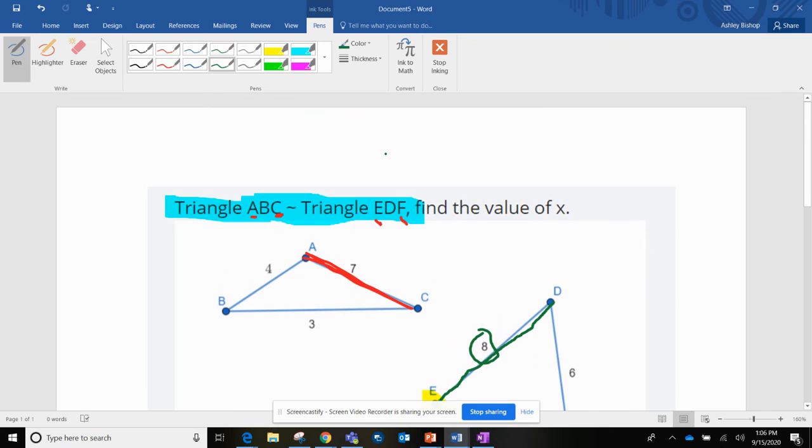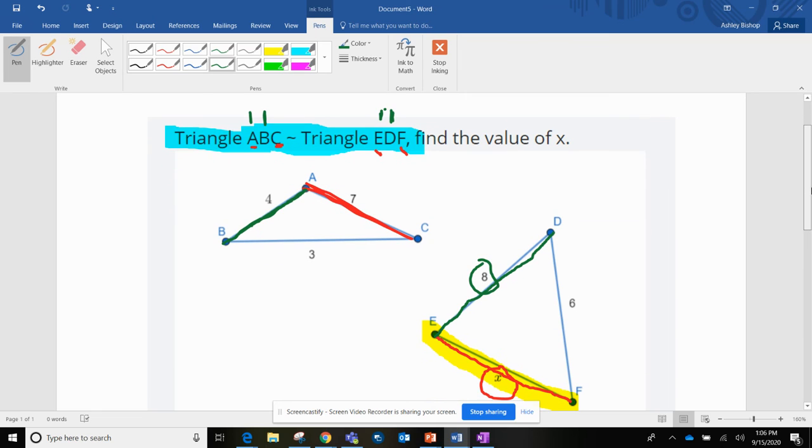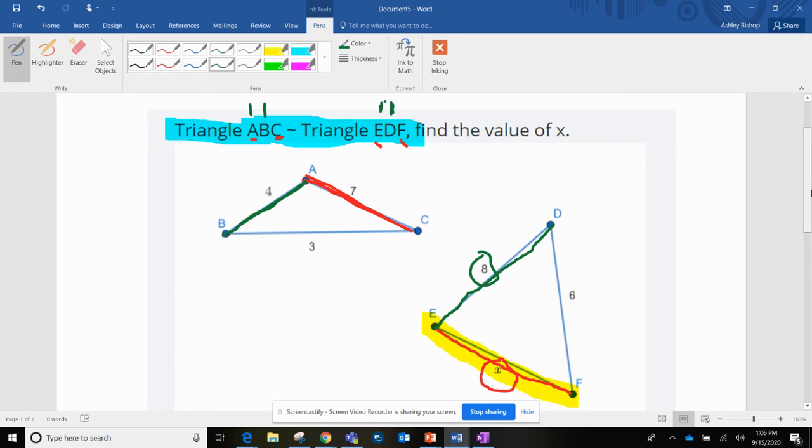And if I go to my similarity statement, E and D is the first letter and the second letter. And so to determine which side corresponds to ED, I'm going to go find the first letter and the second letter of this triangle, which will be side AB. So that means side ED is proportionate to side AB or BA, whichever you want to say.